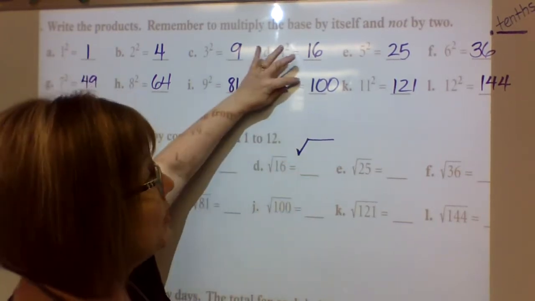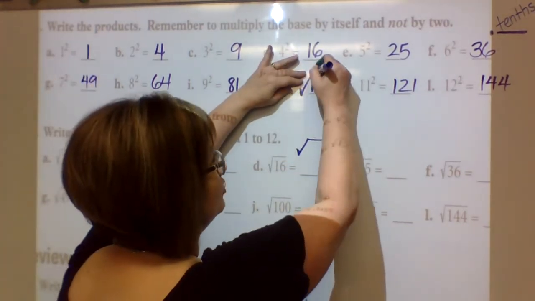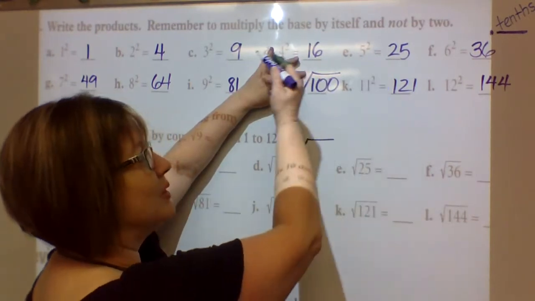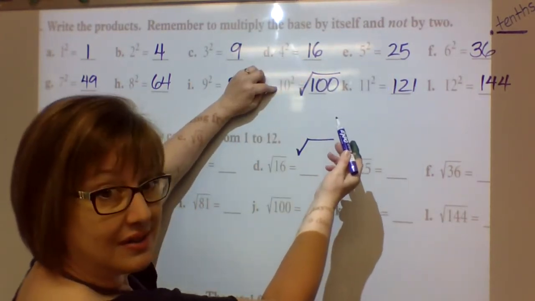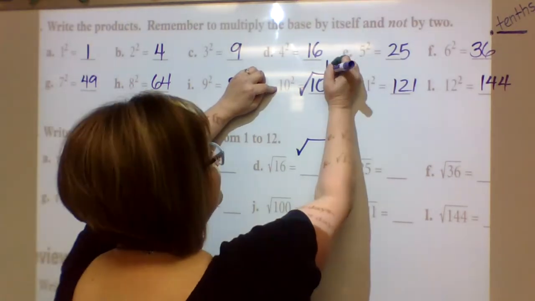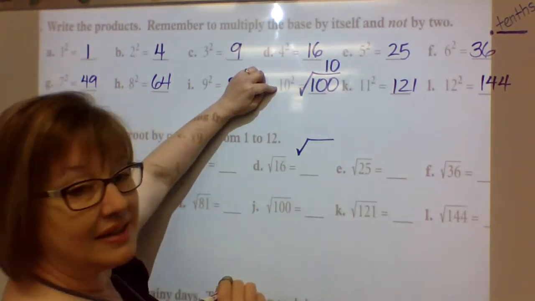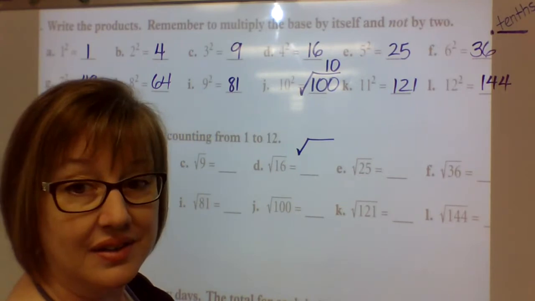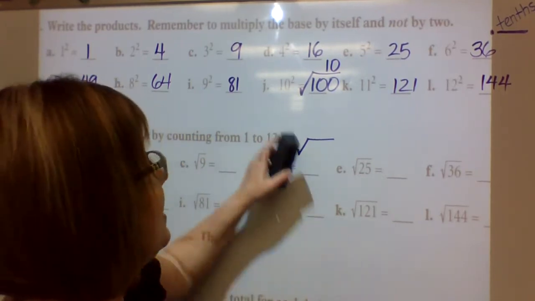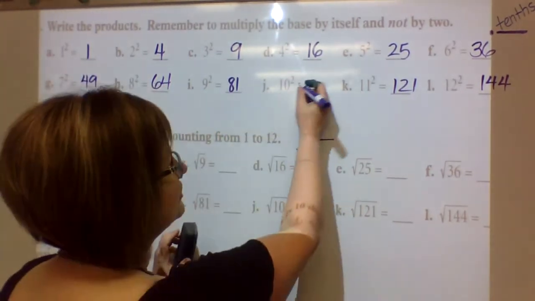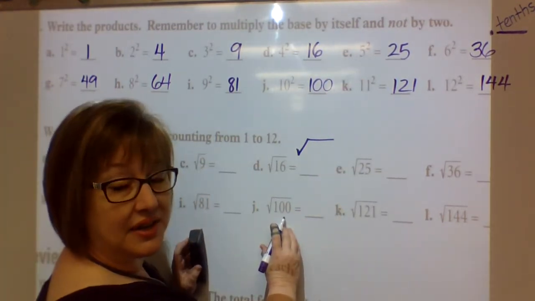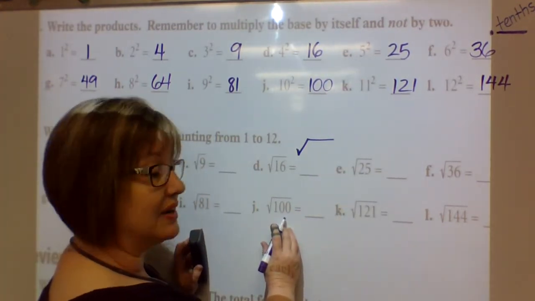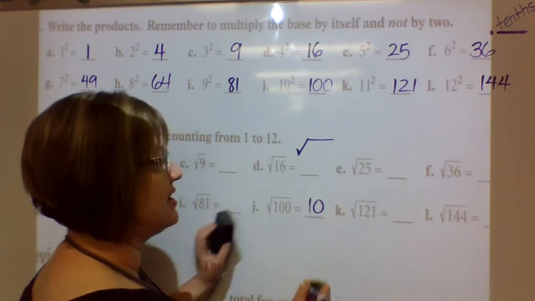So if we did the square root of 100, we are going backwards, and we're finding out what times itself equals 100. 10 times itself equals 100. So 10 is the square root of 100. Do you see? Those two go together. So 10 squared is 100. The square root of 100 is what times itself equals 100? 10 times itself equals 100, so it's 10.